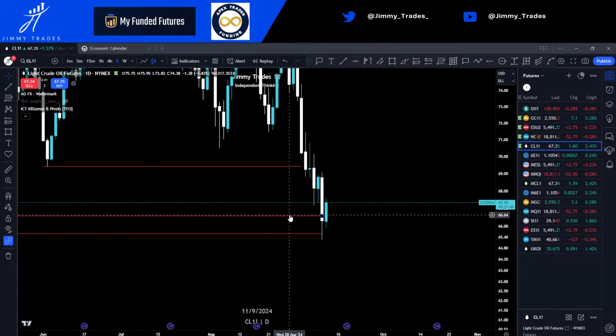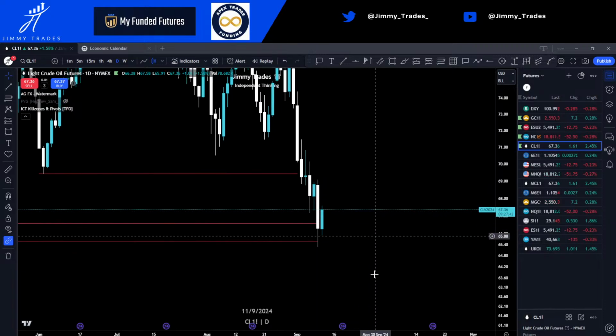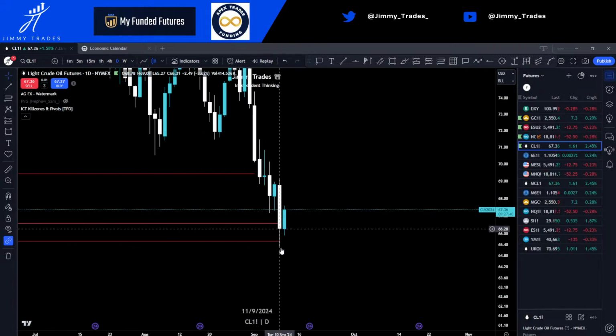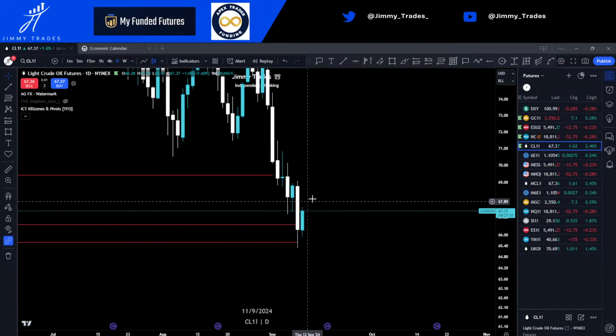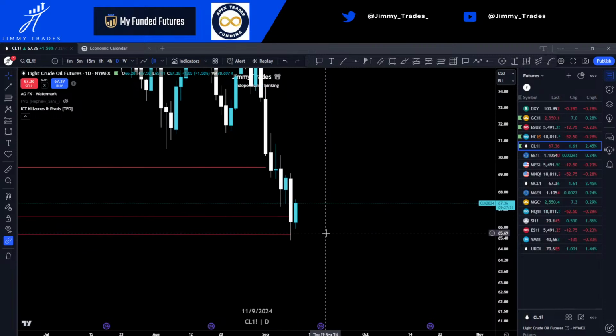So as I said, this level here was my initial target. This was a bonus. But now we are getting a nice reaction from this level, and price is looking to turn around. So bullish on oil.